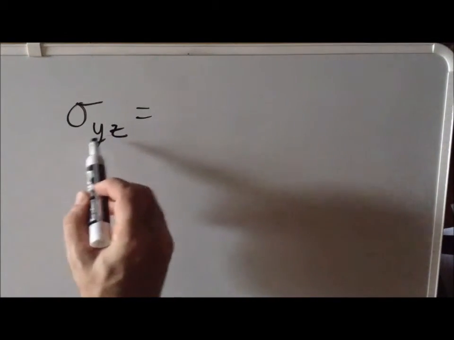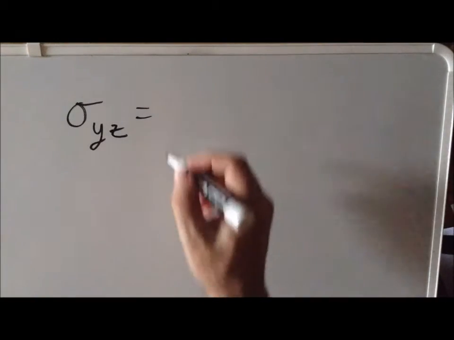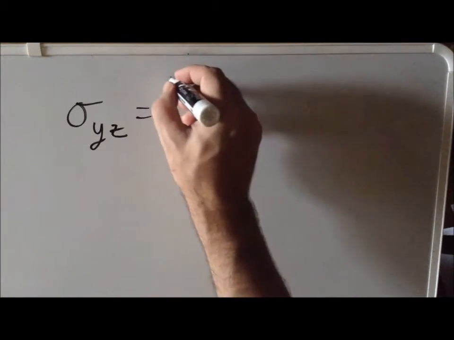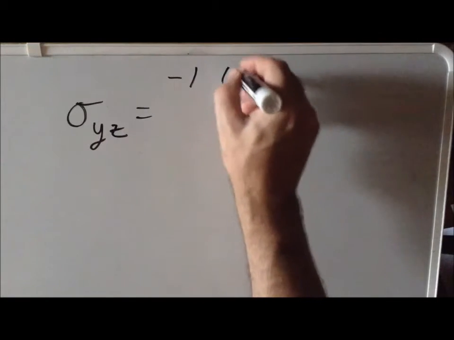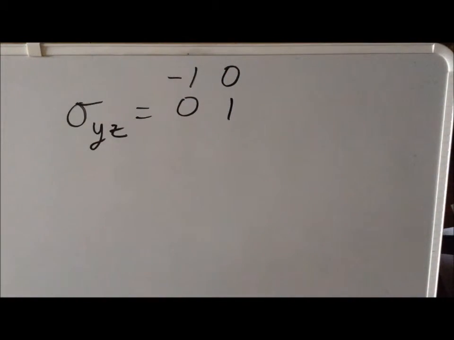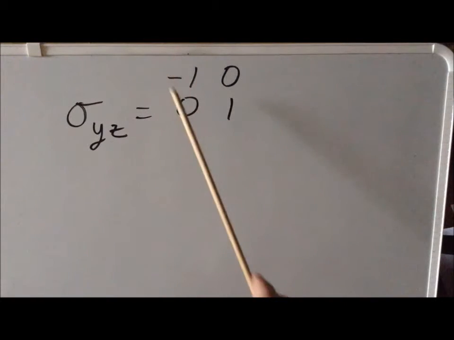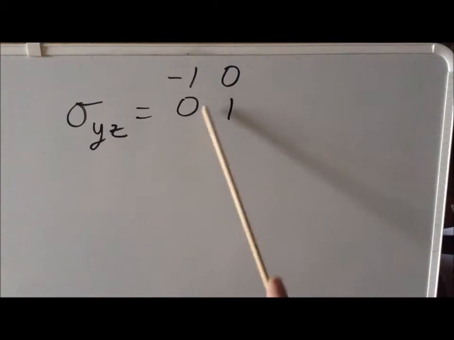And the way we represent that in 2 dimensions was to have minus 1, 0, 0, 1. And we had noticed that the upper left-hand corner, this particular position, we can think of as referring to the x coordinate. This second position we can think of as referring to the y coordinate. So it becomes straightforward to extend this to 3 dimensions, because if it is a YZ mirror, it's not going to affect the y coordinate either. So this is going to be a 1, and all the other positions will be zeros.